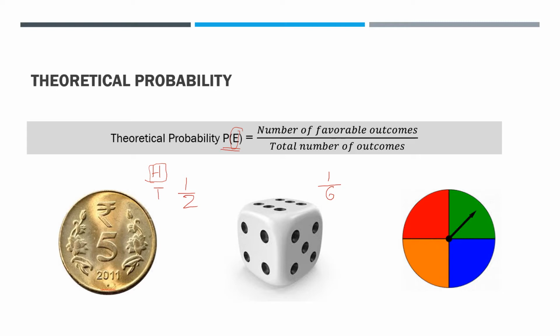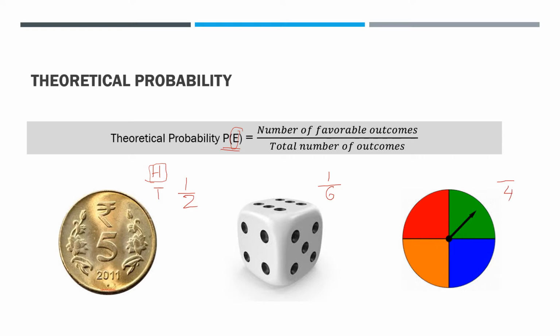Now let's look at this interesting spinner. In this spinner, how many colors are there? 4. Red, green, blue, and yellow. Let's say you spin this spinner and someone asks you what is the probability of landing on a green when you spin. This is also reasonably simple. How many total outcomes are possible? 4, because we have 4 colors.